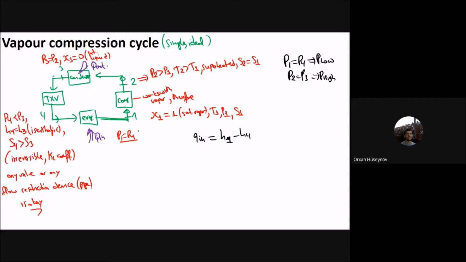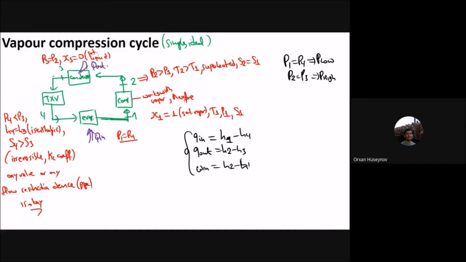You always have to have a positive value, therefore you take the higher enthalpy value. So Q out, which is the condenser, will be H2 minus H3, because here 2 is more than 3. And then work in should be H2 minus H1.